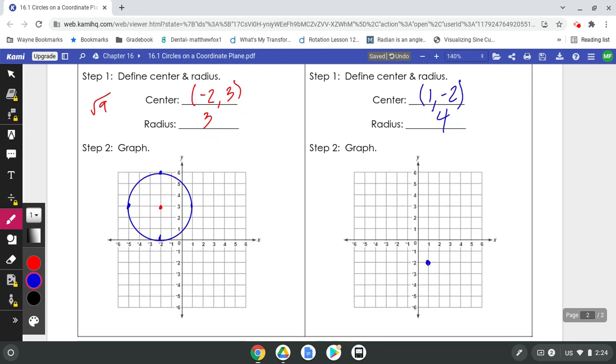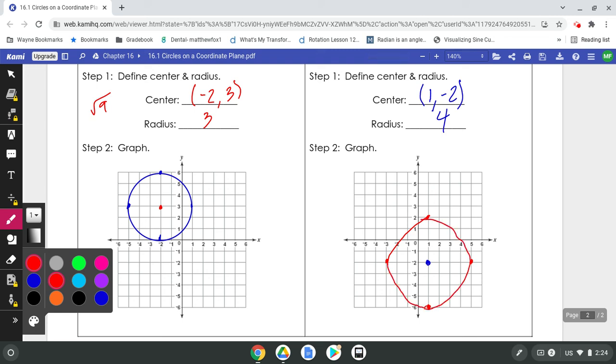So there's the center, radius of 4, 4 to the right, 4 down, 4 up, and I'll freehand this last one. So not perfect, but good enough.